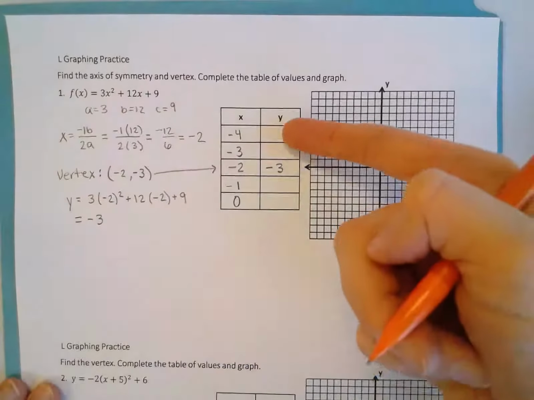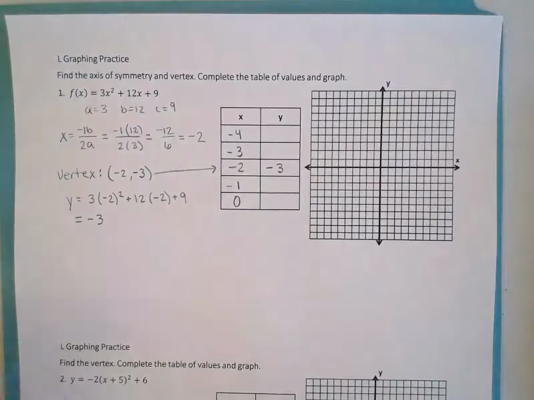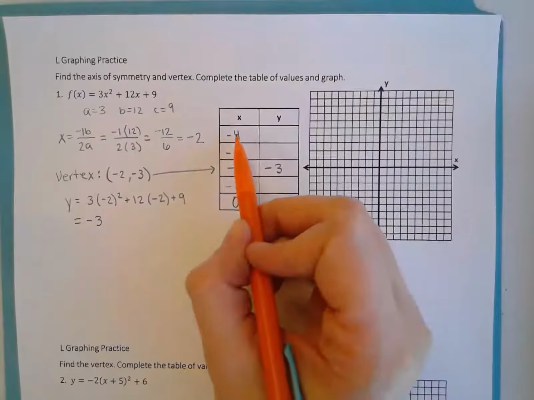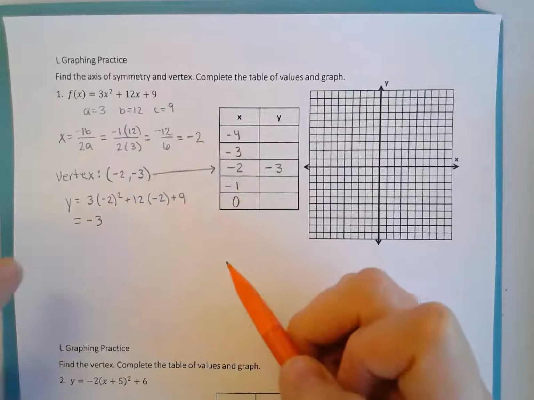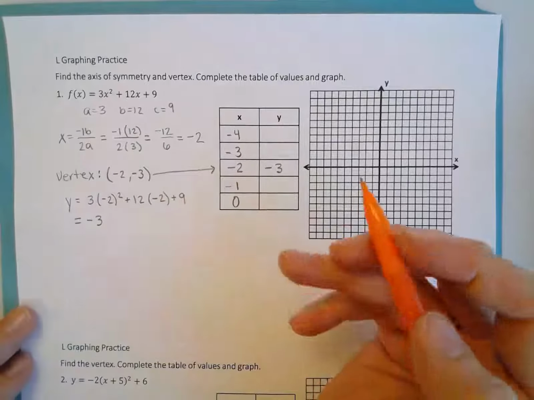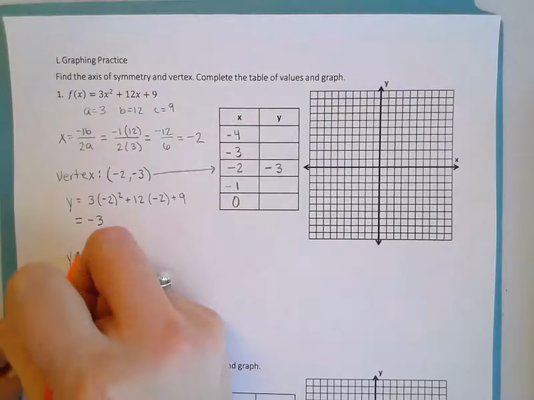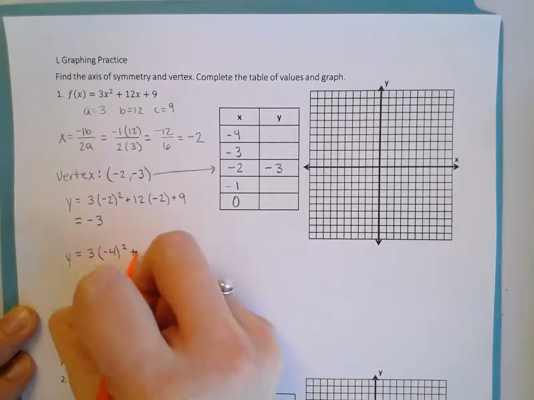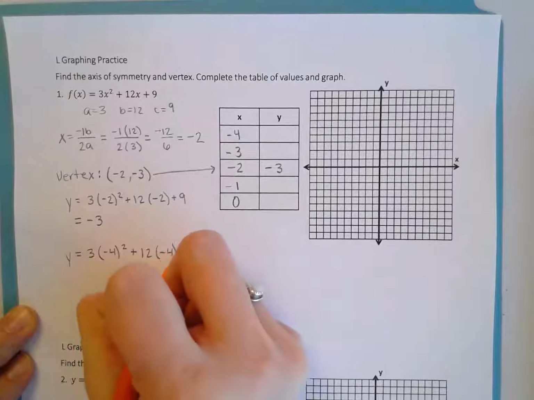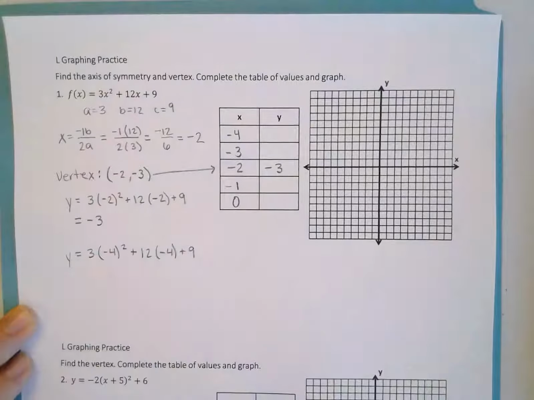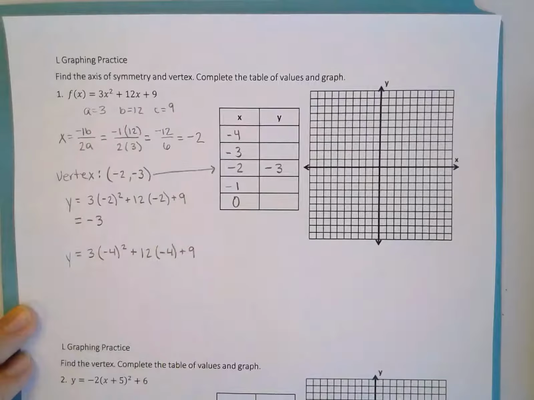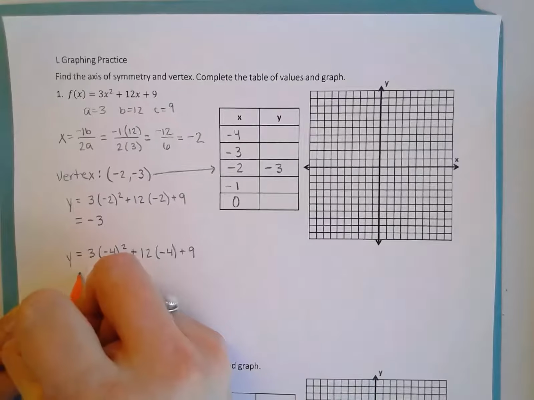To complete the y column of your table, you could do as you just did for the vertex and substitute these x values into the equation and solve. Let's do one now. So plugging in negative 4 into your equation, you could solve for the y value.